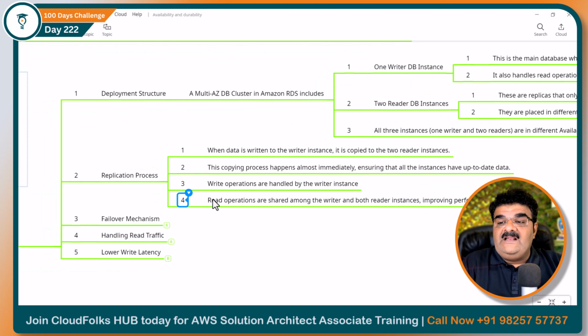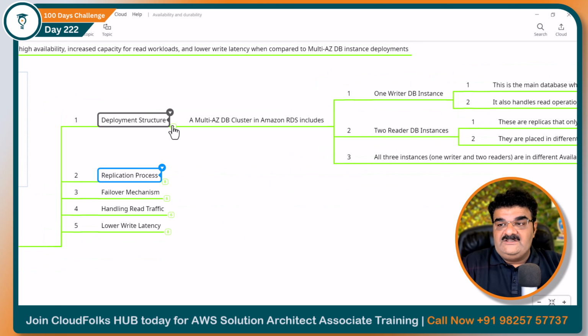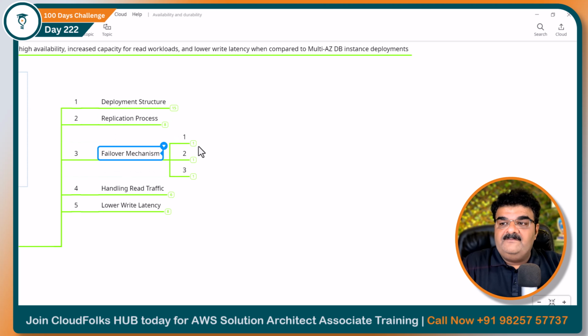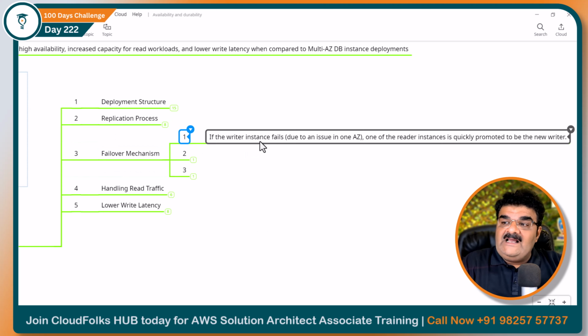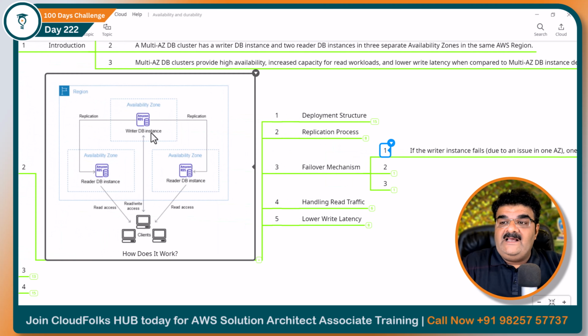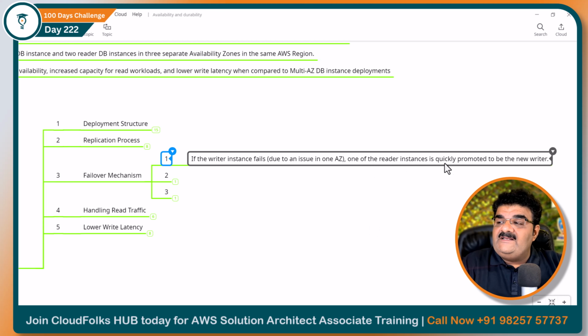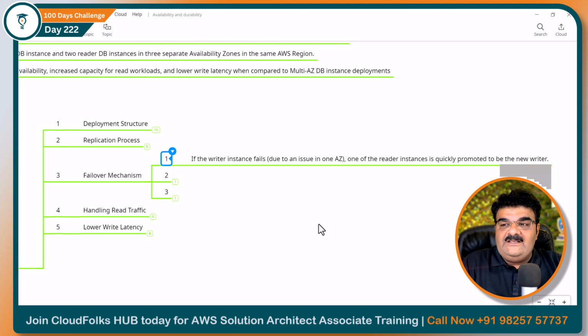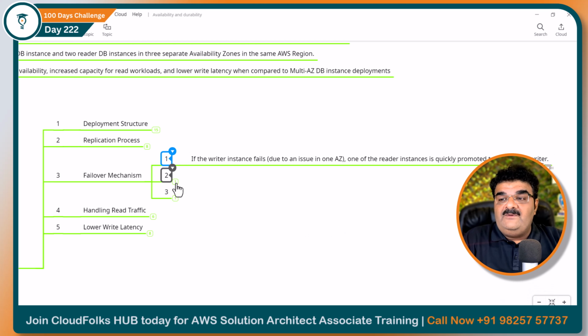Okay. Now failover mechanism. Now this is the most important part. If the writer instance fails, this is a writer and we have only one writer. Due to an issue in one AZ, one of the reader instances is quickly promoted to be the new writer. It is an automatic process. You don't need to do anything. It will automatically be promoted from reader to writer.